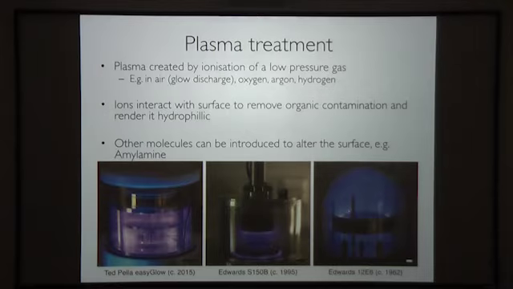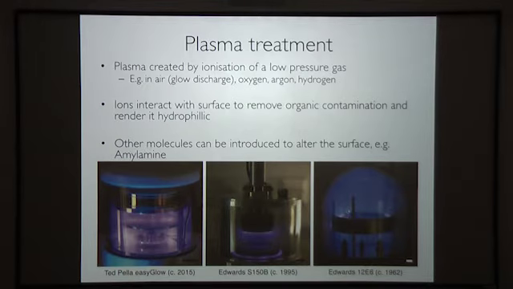The ions interact with the surface to remove contamination and to render it hydrophilic. These are the plasmas generated in some of the glow discharging apparatuses here at LMB, and these are all done in residual air.